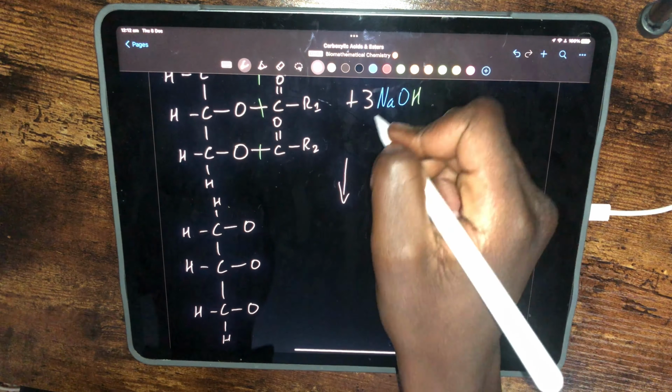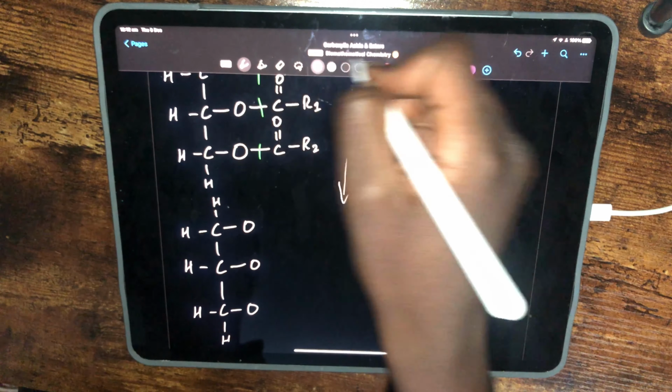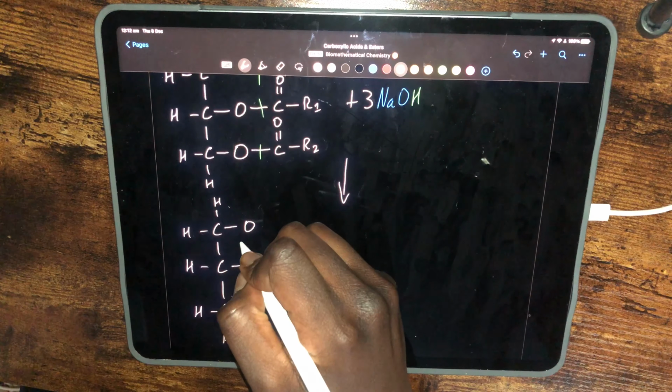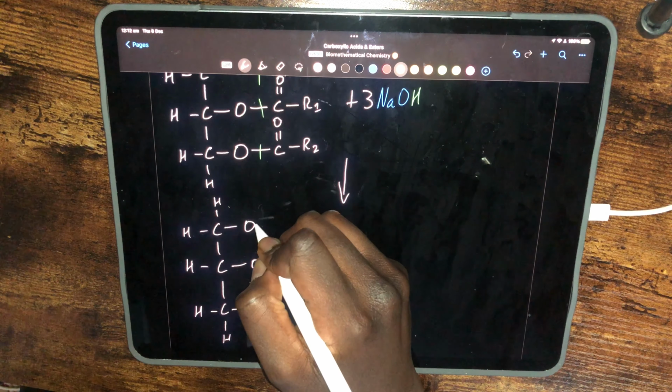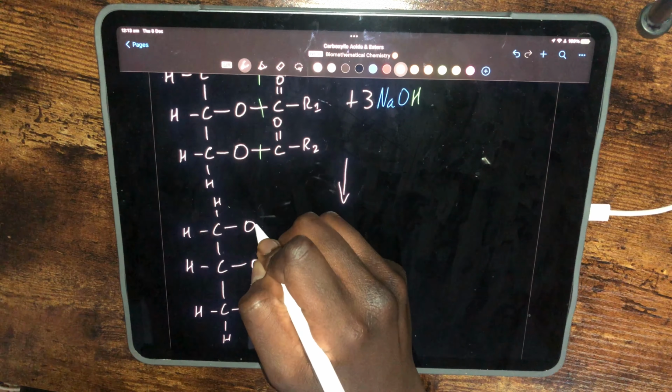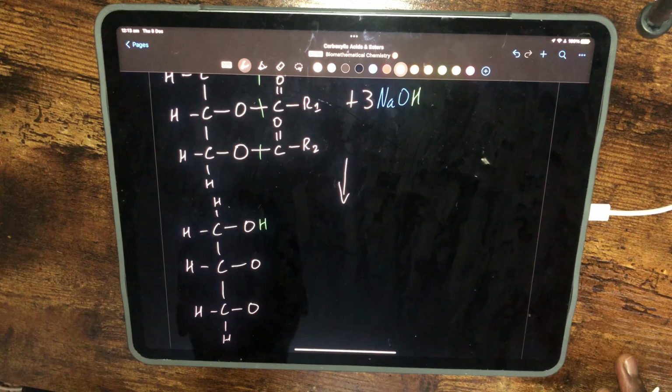So the hydrogen from the sodium hydroxide would go to the oxygen, forming the alcohol here. We're forming the alcohol here, so we go to this kind of group. I don't call this propanoate.